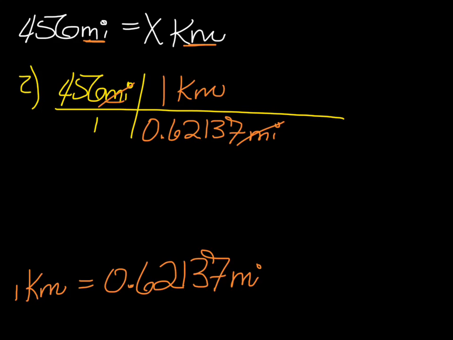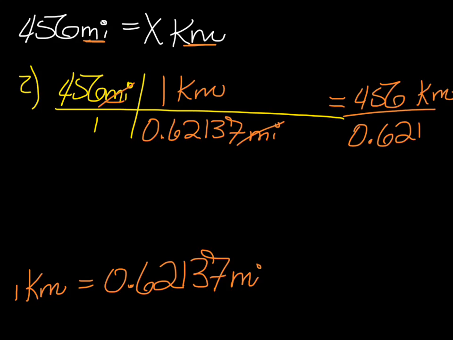All right, so I multiply across the top, and I get 456 kilometers. And when I multiply across the bottom, I get 0.62137. From there, I divide, and I end up with a big old long number.